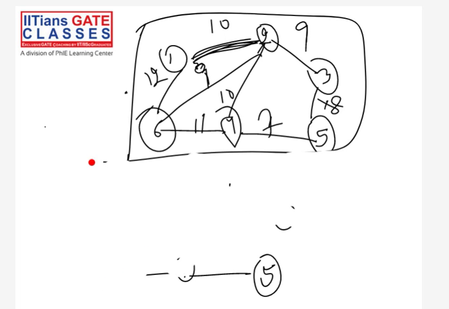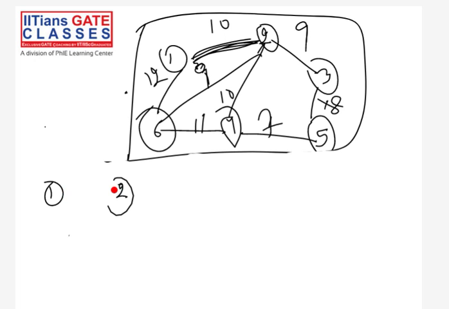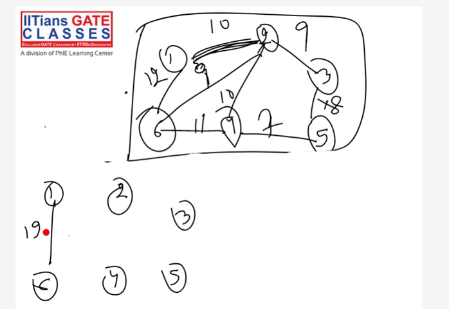I'll not worry about the minimum spanning tree right now. I'll worry about two spanning trees. So I want to draw two spanning trees. Let's say the first one is 1, 2, 3, 4, 5, and 6. So let me include this 10, 9, let's say this is 8, and this is 7. Okay, this is one spanning tree.